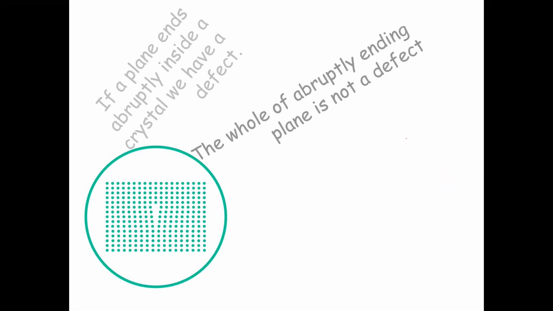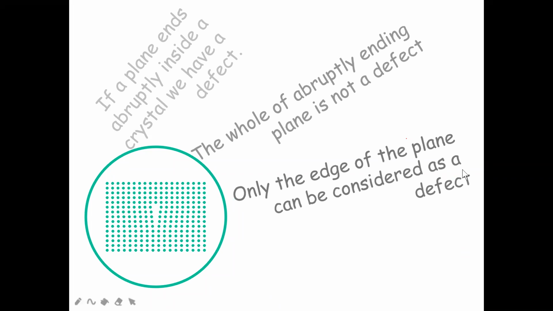Okay, so what you can say is that if a plane ends abruptly inside a crystal, we have a defect. The whole of the abruptly ending plane is not a defect, but only the edge of the plane will be considered as the defect.